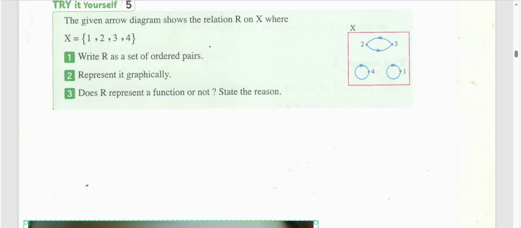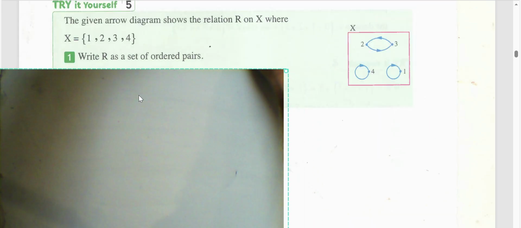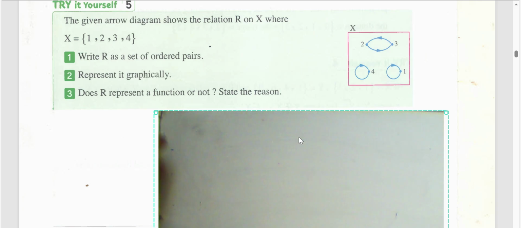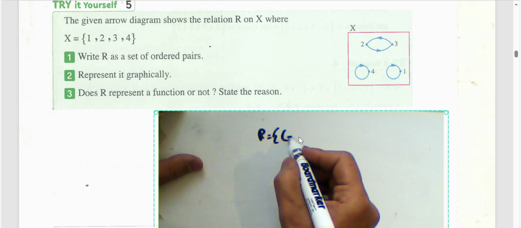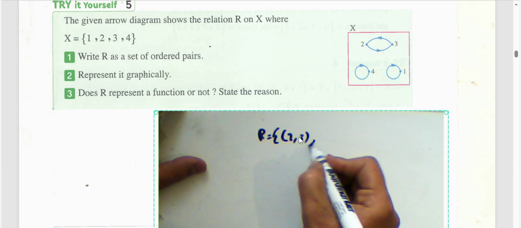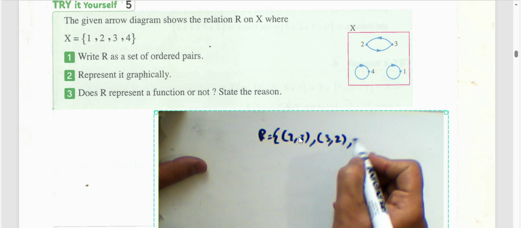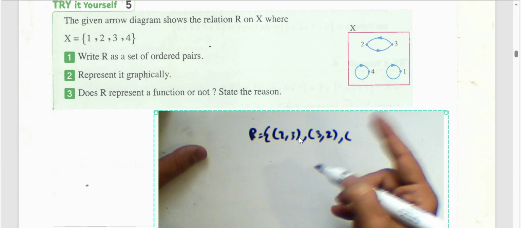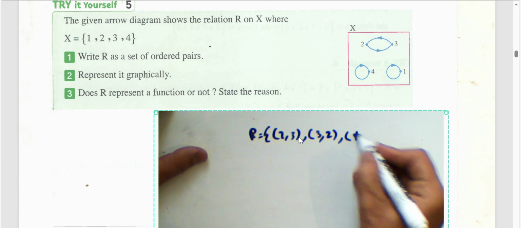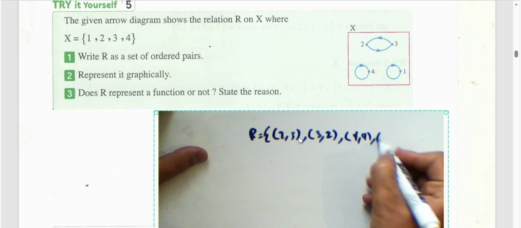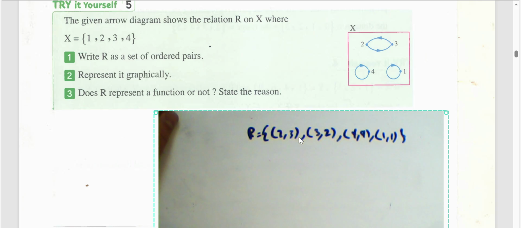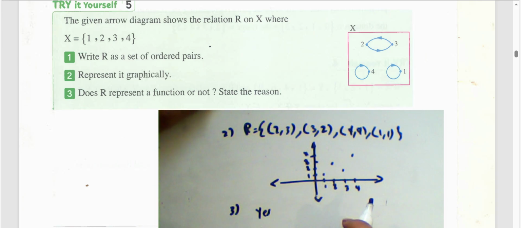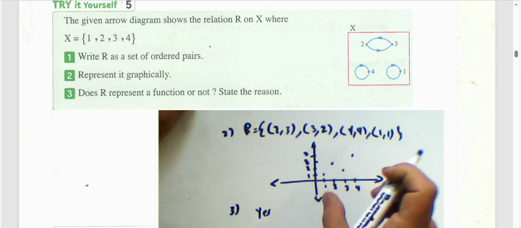Number 5, we want to find the relation from the table here. Going from 2 to 3, and 3 to 2, 3 with 2, and 4 with 4, and 1 with 1. Okay, this is the relation. Draw it graphically like this, X and Y, and put the points vertically.